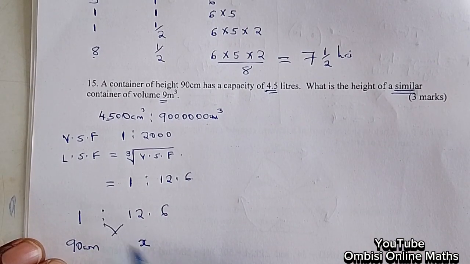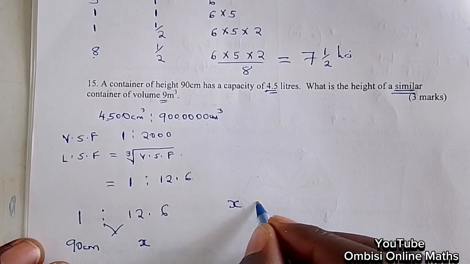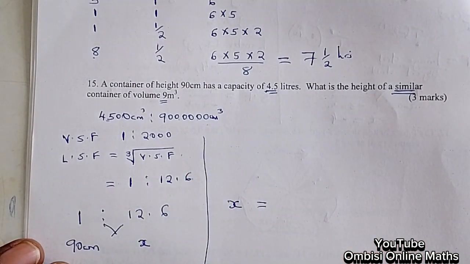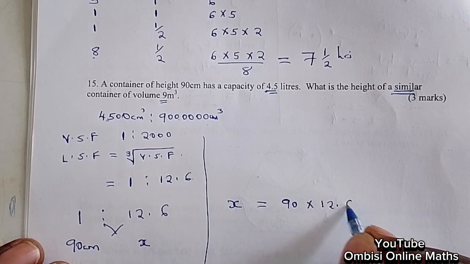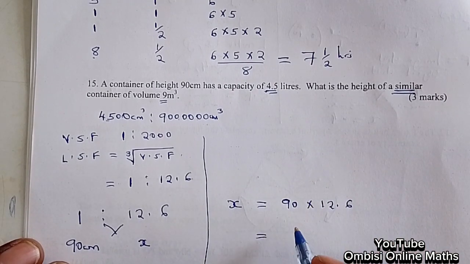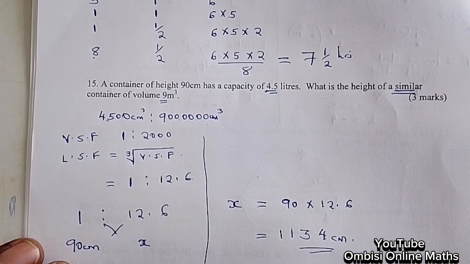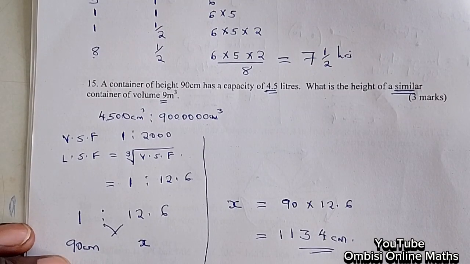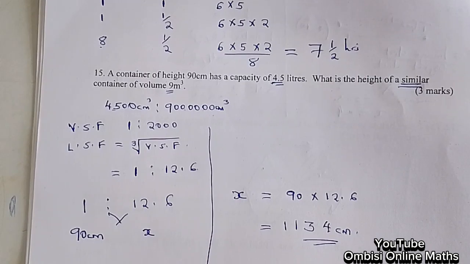So we cross multiply and end up with x equal to 90 multiplied by 12.6, which translates to 1134 centimeters. So that is the height of a similar container that has a volume of 9 cubic meters.